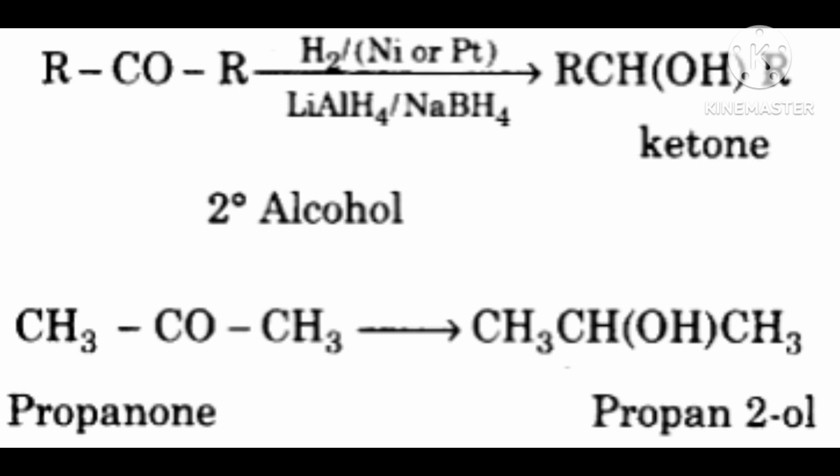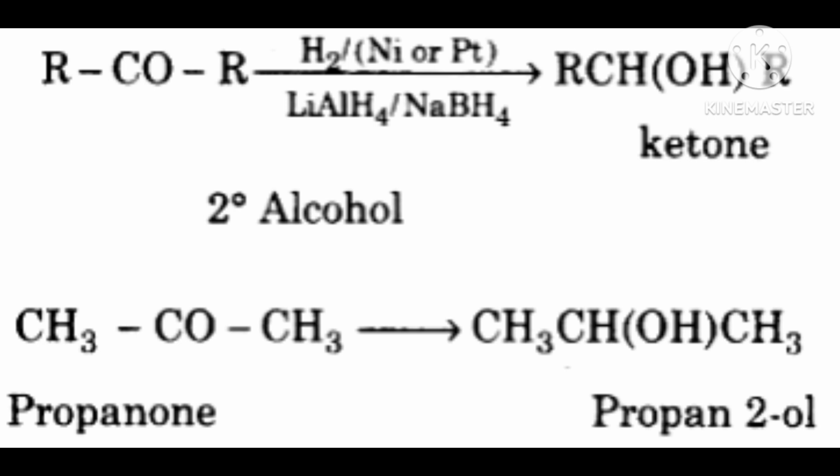Then these two hydrogens, H2, or better you understand it like this, for reduction, H plus and H minus. H2 will break into H plus and H minus. Then one H will go to the oxygen and the other H will go to the carbon. Correct? Now 2H2 introduced.